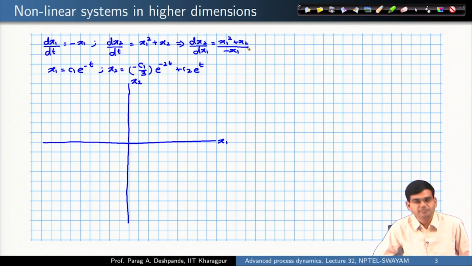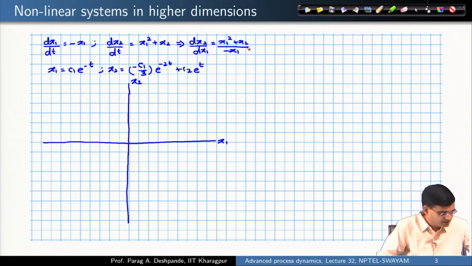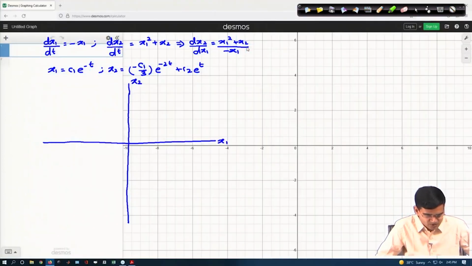So, let us draw the parametric plot to get the curves.